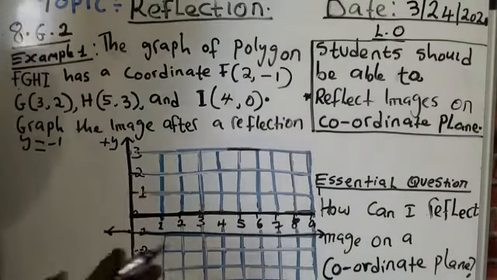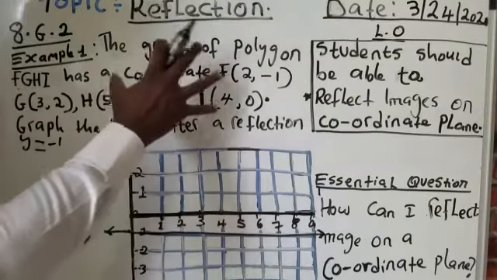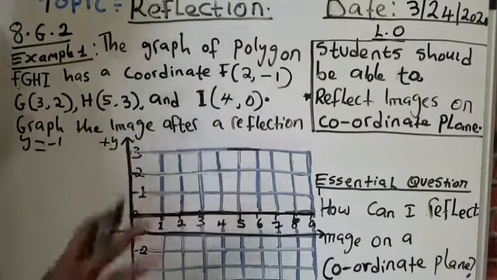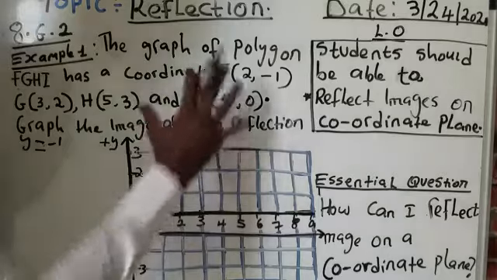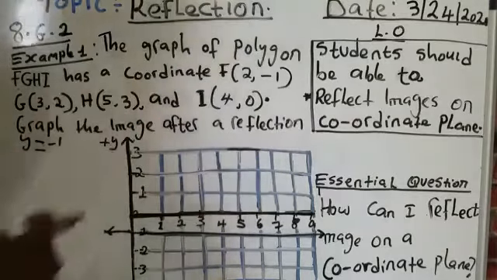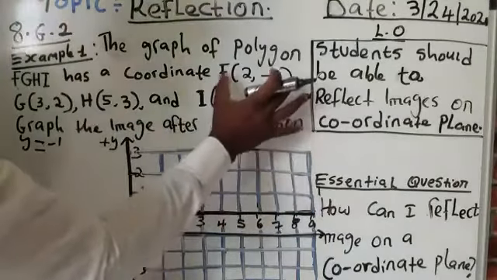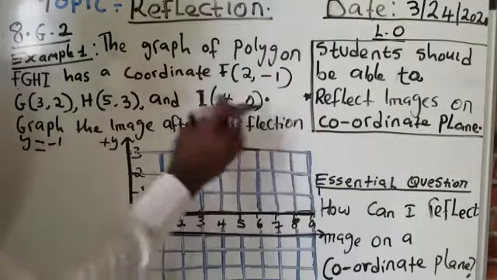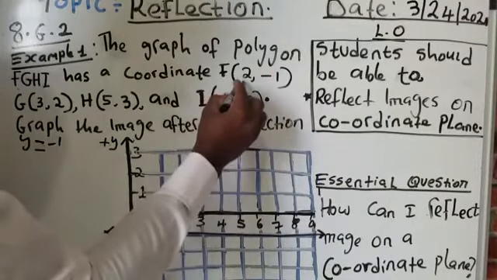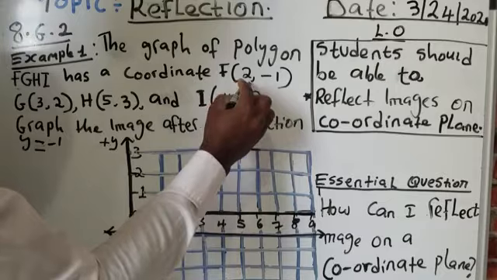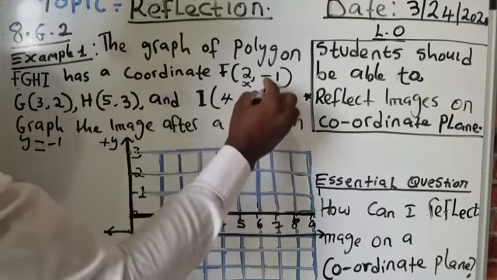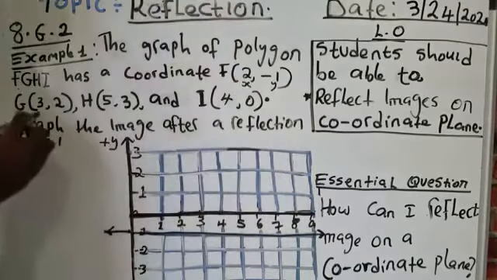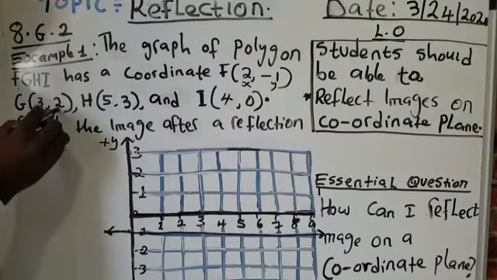Before we reflect, first you have to graph the points given. Let's graph these points, then we will reflect them. We have a series of coordinates here. Let's start with F. The first coordinate is x, the second one is y. The first coordinate must always be x, and the second is going to be y.